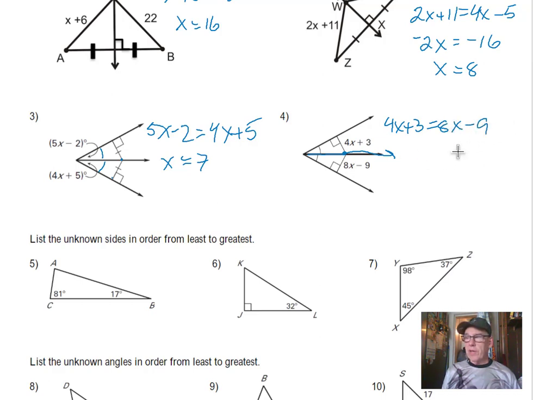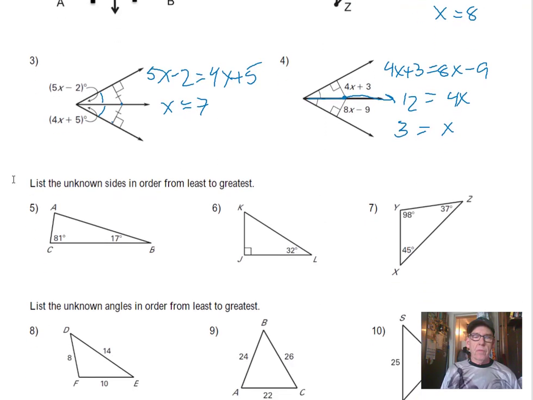Take away 4x from both sides, add 9 to both sides. You get 4x is equal to 12, which leaves x equal to 3. If we check it, 12 and 3 is 15, and 24 take away 9 is also 15.